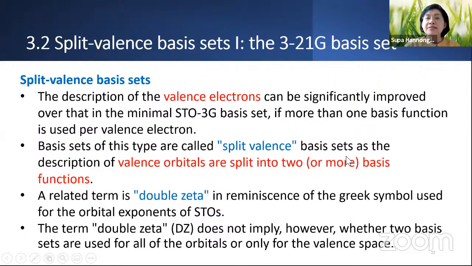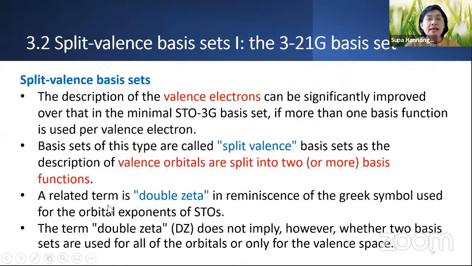That means in the description of valence electrons, the valence orbitals are split into two or more basis functions.